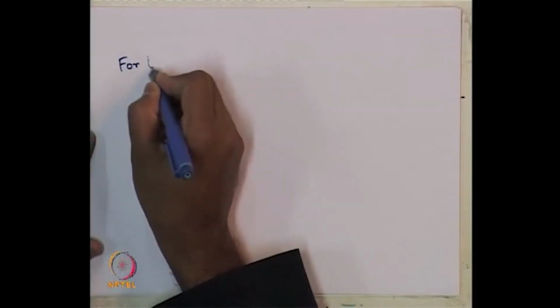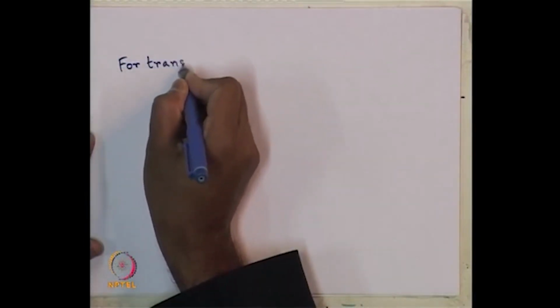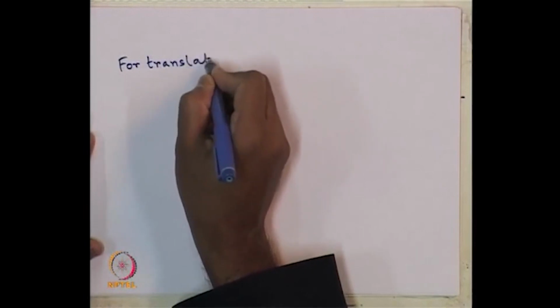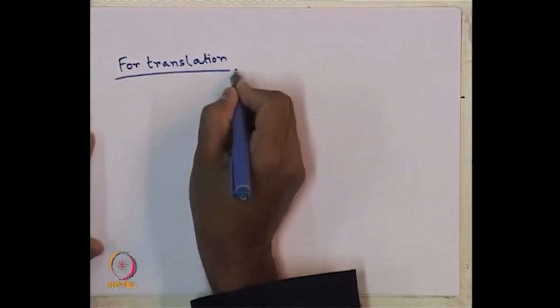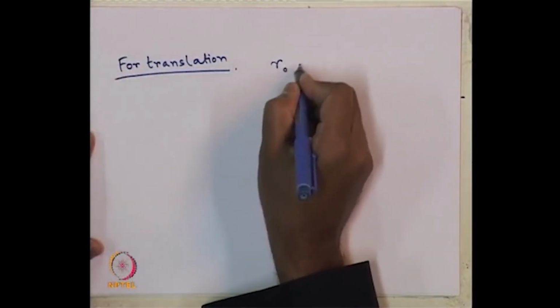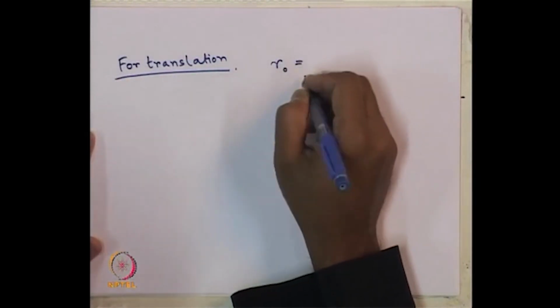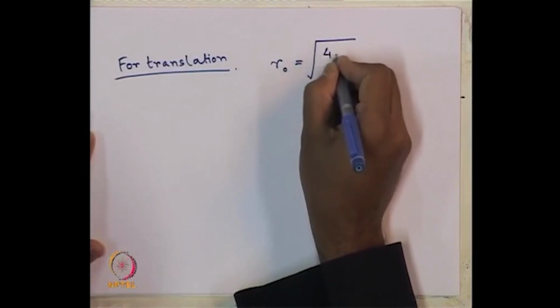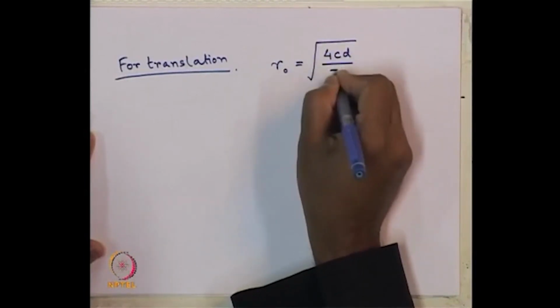For translation mode of vibration, R naught is calculated as root of 4 C d by pi.